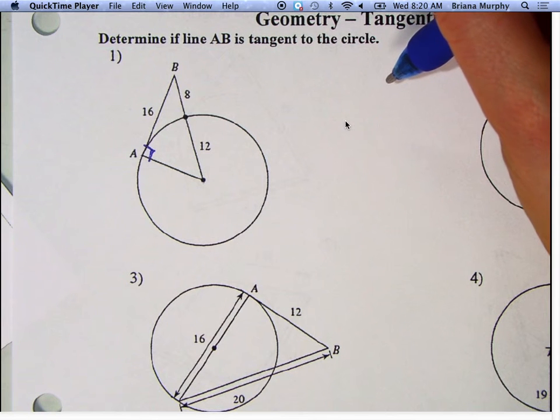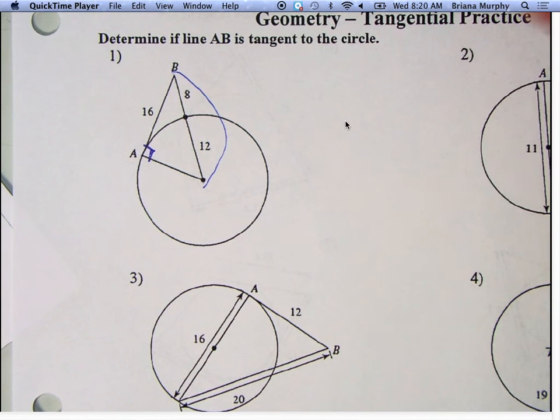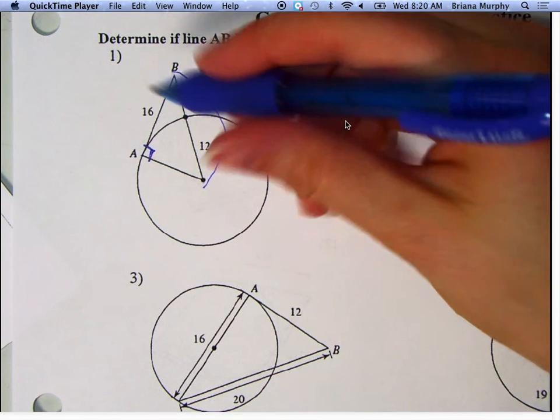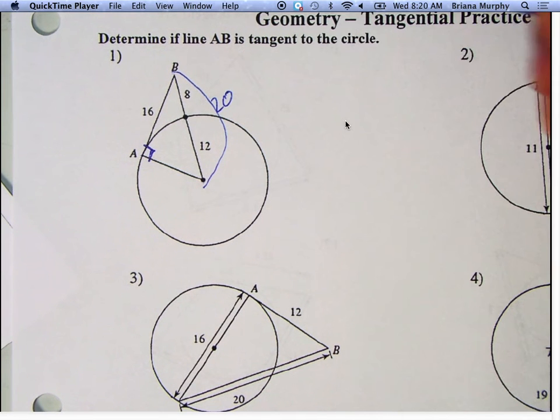So that means we have to add these two up. 8 plus 12 is 20.